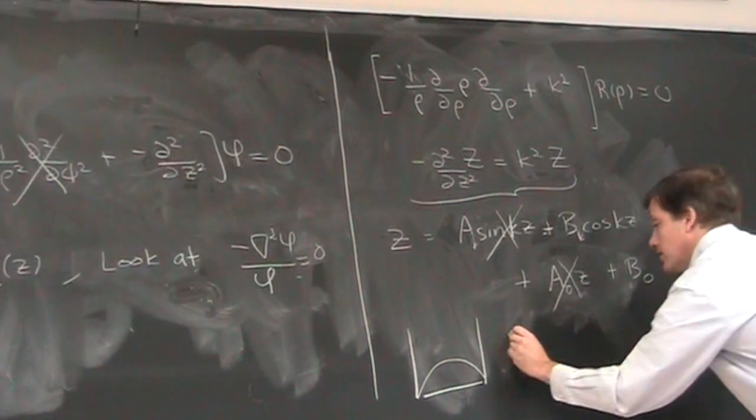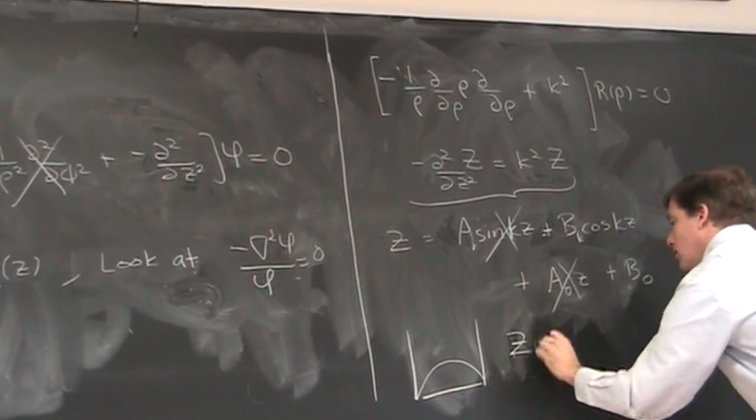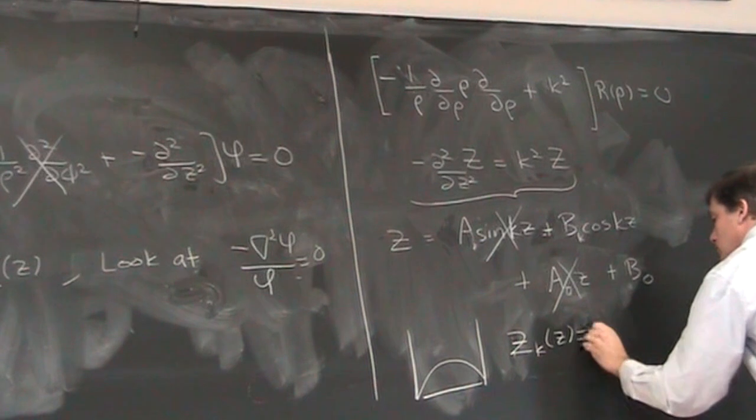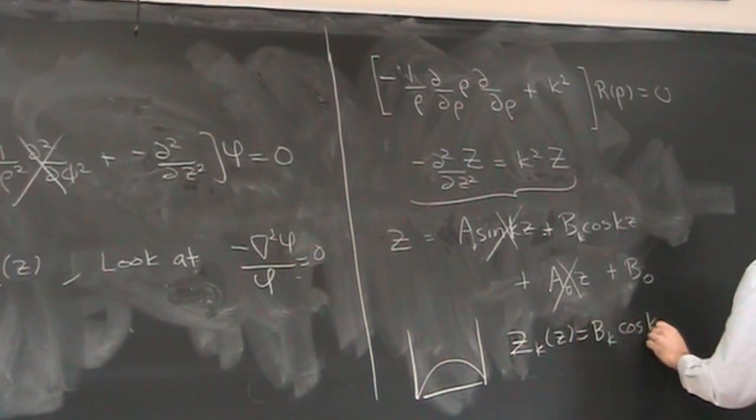So we get our solution, Z of k of z is some constant times cosine of kz.